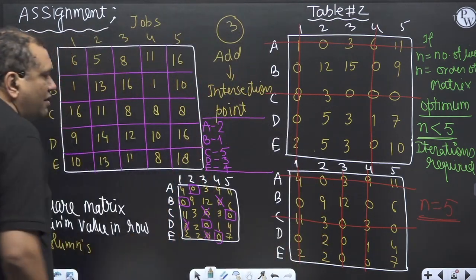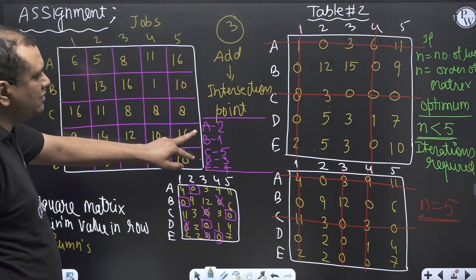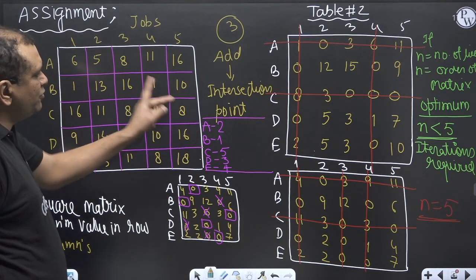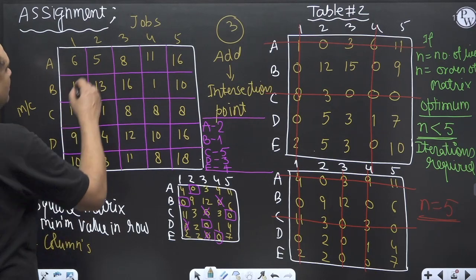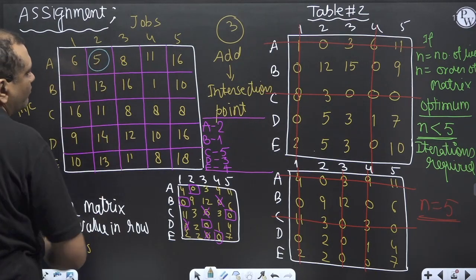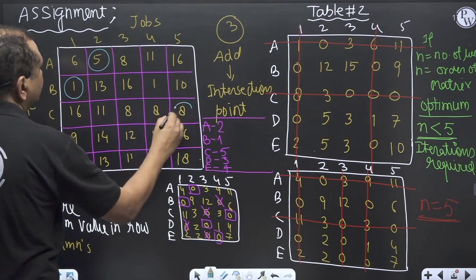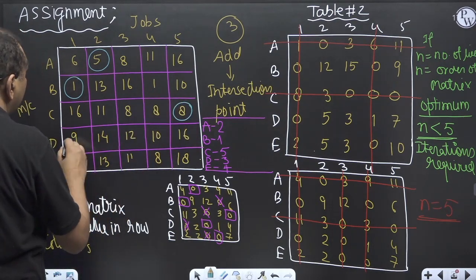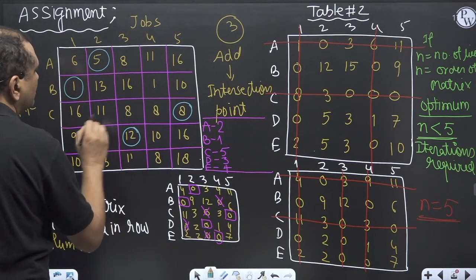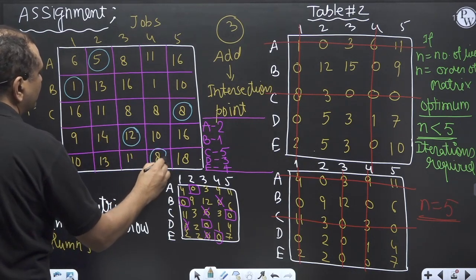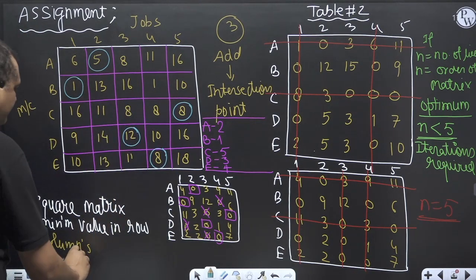So this assignment you project to the original matrix. A is to 2, B is to 1, C is to 5, D is to 3, E is to 4.